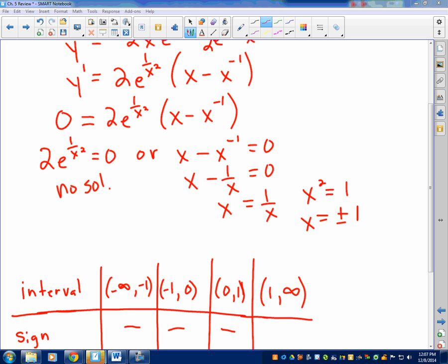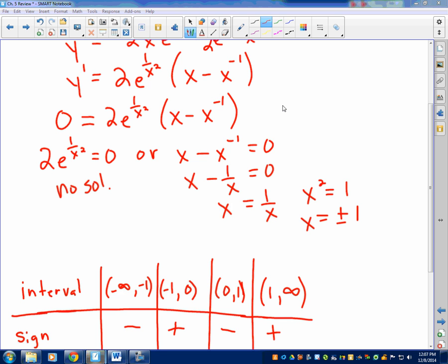Sorry, so this does end up being a negative. So that's positive, that's negative. And then from 1 to infinity, if I plug in something like 2, what happens there? This will be positive again. 2 minus 1 over 2 will be positive, so it goes back to positive.